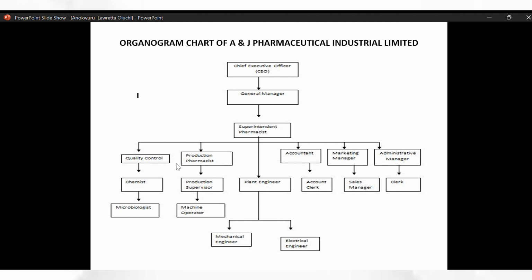So this is actually where she was posted, under production pharmacist. So a microbiology student can work as a microbiologist here. A chemistry student can work under a chemist here. Are you getting it? Like on a subsection of the quality control, we have chemist and then microbiologist. So biochemistry can also work here. I don't know if you're getting what I'm saying.